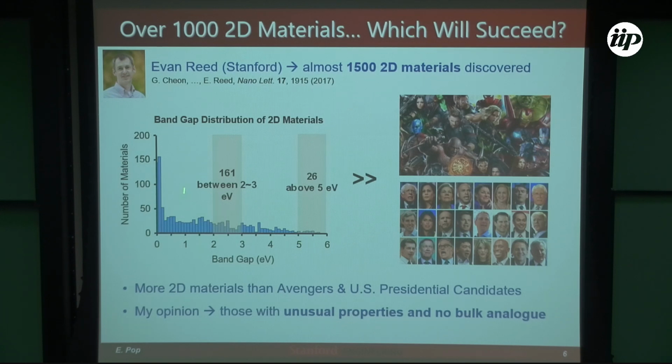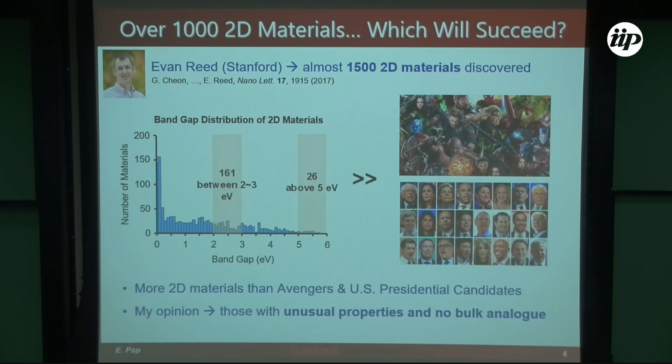There's over 150 metallic ones, about 160 semiconducting with a band gap that I might care about, and then 26 with a band gap like boron nitride. So not just boron nitride, but about 26 of those. My observation was that there are more 2D materials than Avengers and presidential candidates running against Trump right now in the US. So many more. Now, among those, which one will actually be useful?